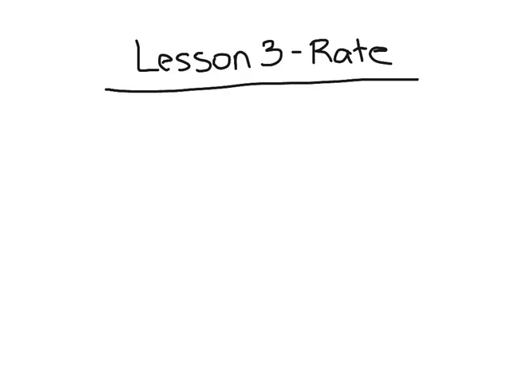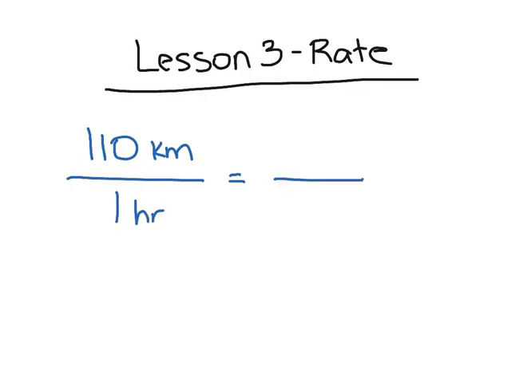Example 5. You're driving on the highway at 110 kilometers an hour. If your destination is 165 kilometers away, how many hours will you have to drive? So we're going 110 kilometers per hour, so per 1 hour. We want to see how long it takes to go 165 kilometers.